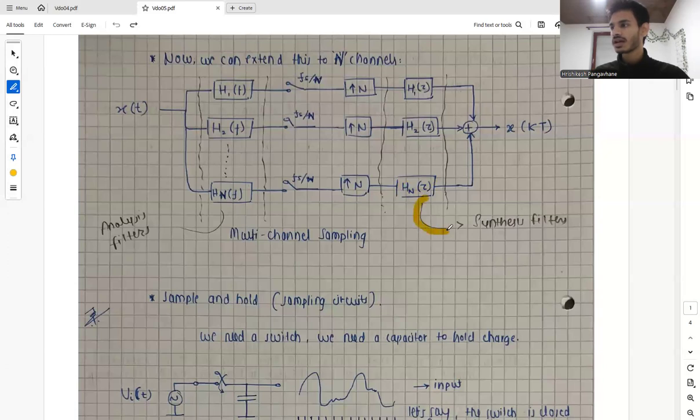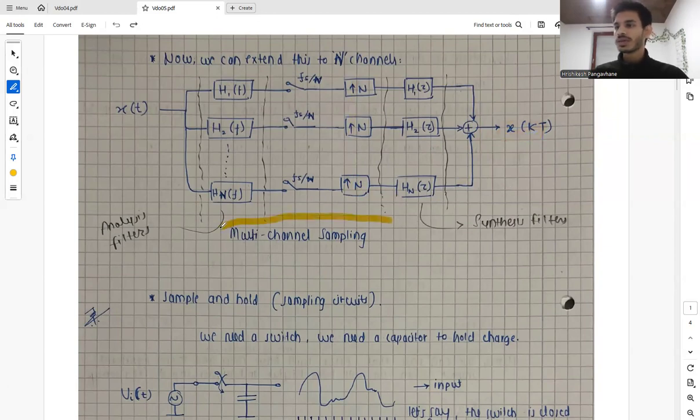So these filters are in discrete or digital domain, and they are called synthesis filters. And again, we stage them all up in such a way that the aliasing or the noise aliased cancels out each other through every filter, and we get the output as a sample with a sampling rate of fs with zero noise ideally.